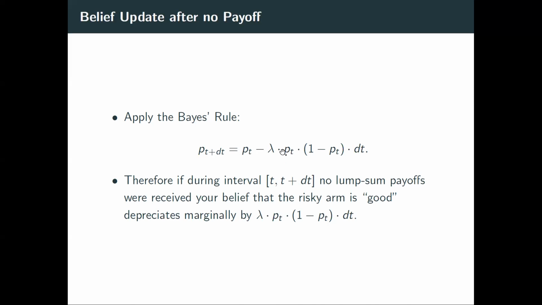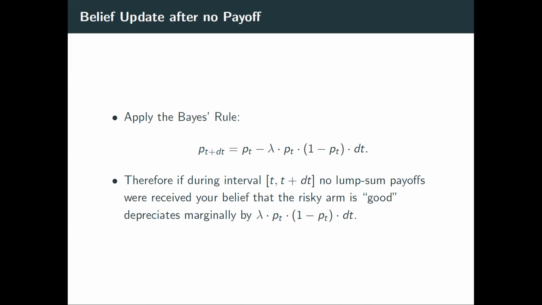And here is the term, which is some kind of quadratic term, pt times 1 minus pt. And it illustrates that your belief updating is the highest when you have the highest uncertainty, right? Because when you have pt around 1/2, in an intermediate region, it's crucial for you to have any piece of information, right?